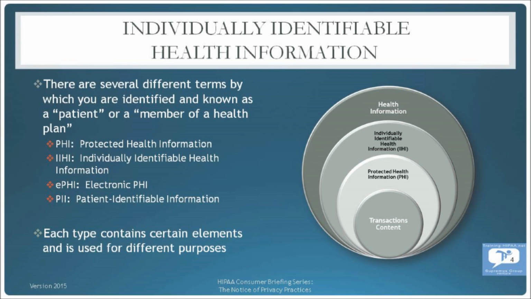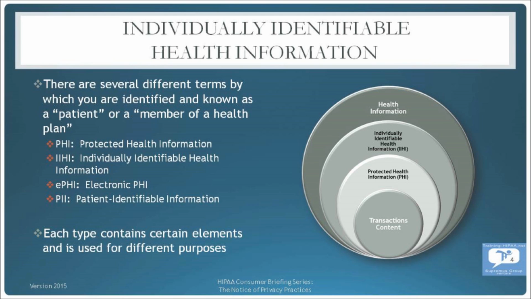This is all of the information that can be about you. It identifies you specifically, and it doesn't matter what form it's in, whether it's written, electronic, or spoken. Within that, we have a smaller subset commonly called PHI, or Protected Health Information. This too is individually identified, but it comes in a specific form. It comes in the electronic form.